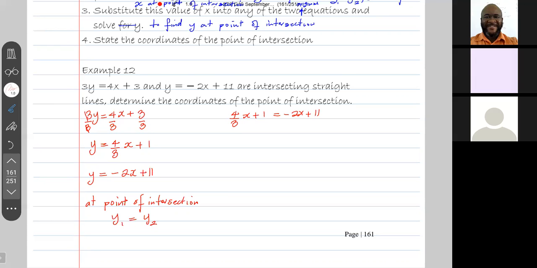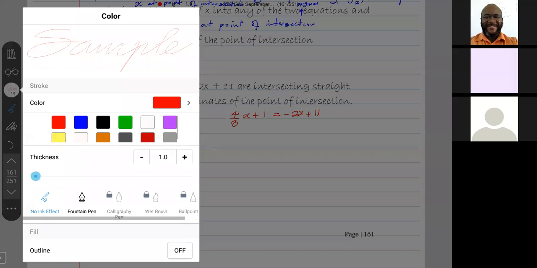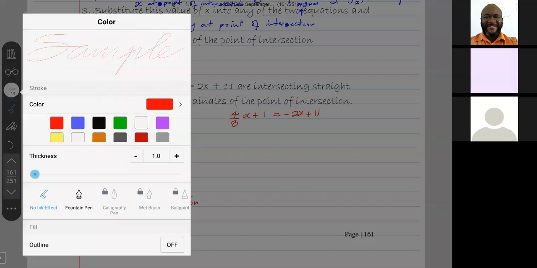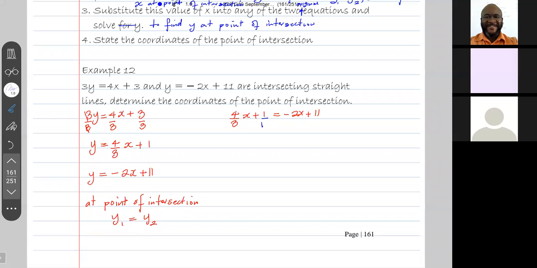So I'm going to solve this equation for x. It's an equation with fractions. And from your previous grade, one way to solve an equation with fractions, well, first of all, you have to get rid of the fractions. And one way to do that is to find the LCM, use the LCM, and then discard the LCM.